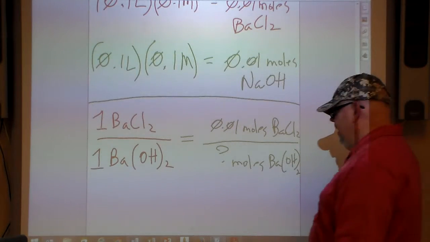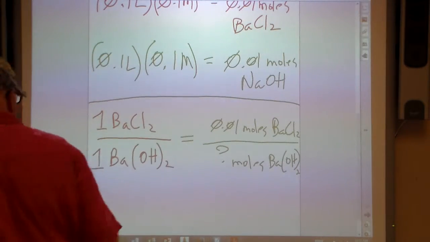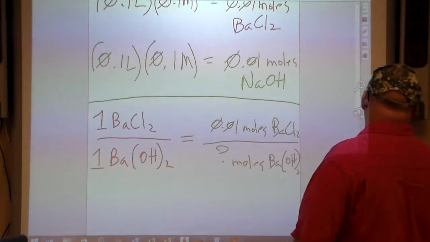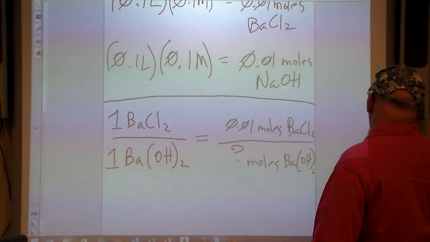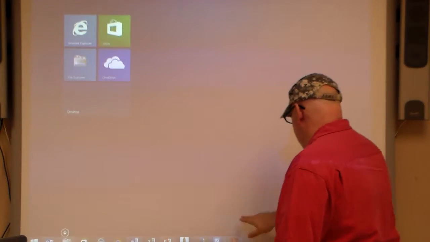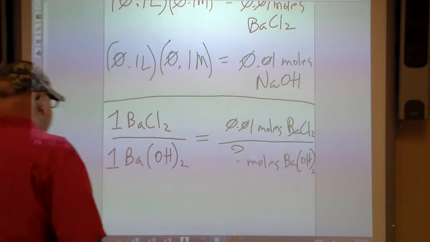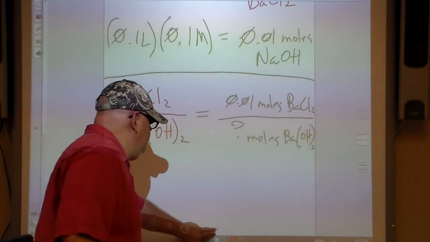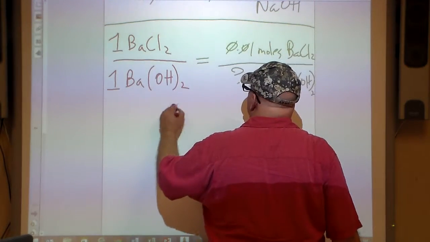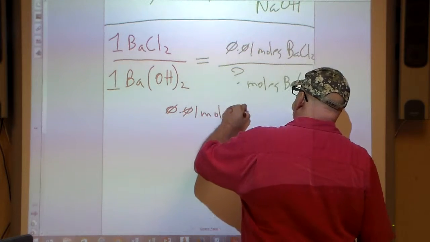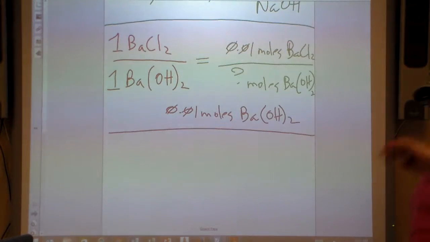The answer is, if we ran this all the way through, that means we would end up with 0.01 moles of Ba(OH)2 if we ran the reactants all the way through. I'm working with technology that sometimes does weird things.